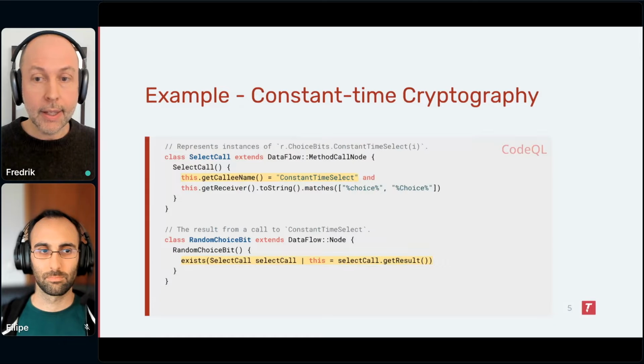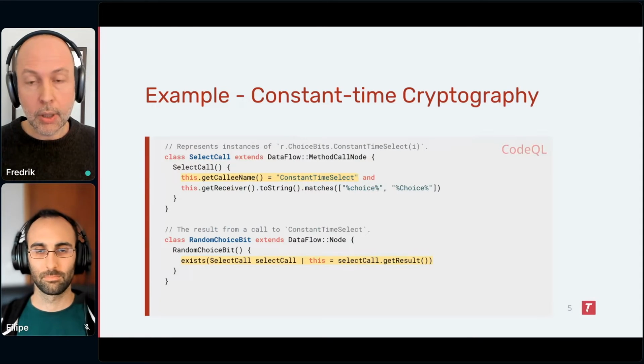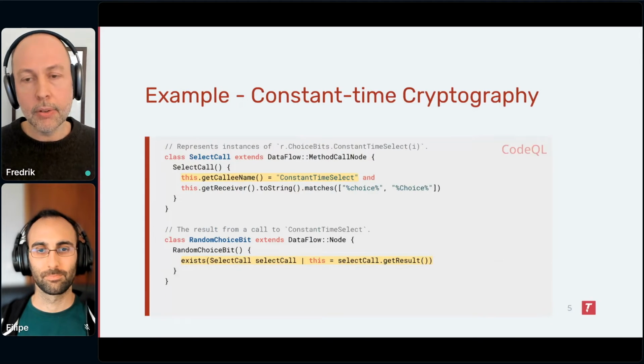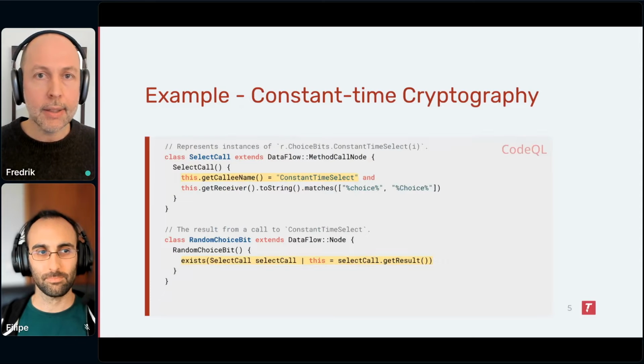So you can test this select call and make sure that it actually finds what you expect it to. I don't know what your experience is, but my experience is that I usually make some mistake, and then I don't get any hits or I get millions of hits, and I can fix that by this iterative process. So I can make sure that each component actually models what I want before I move on. So I think that is pretty nice.